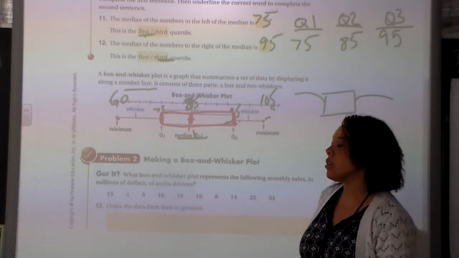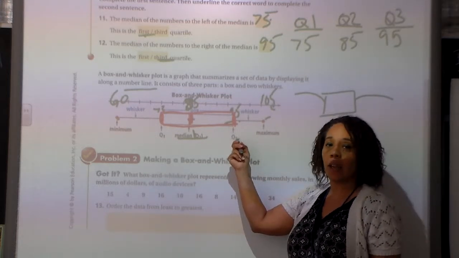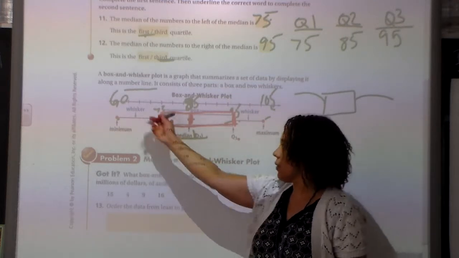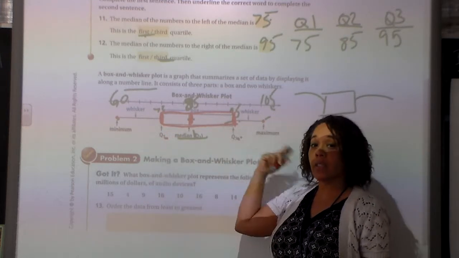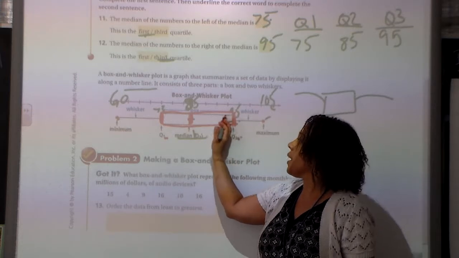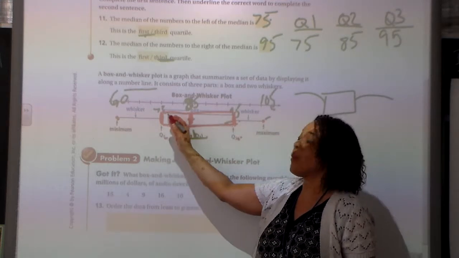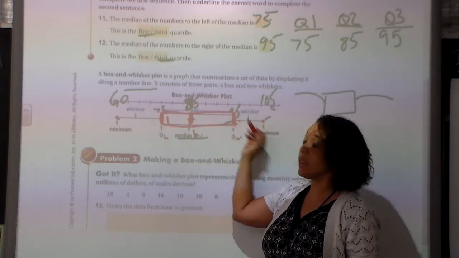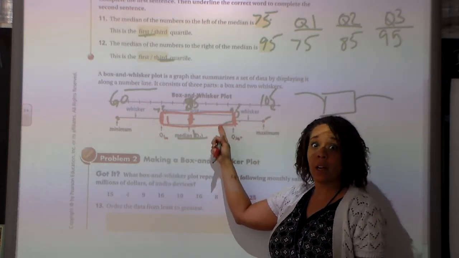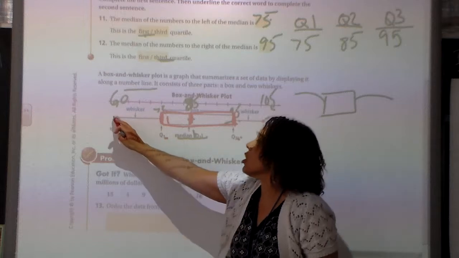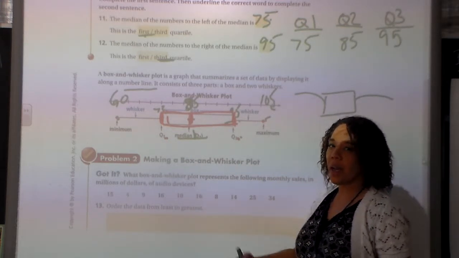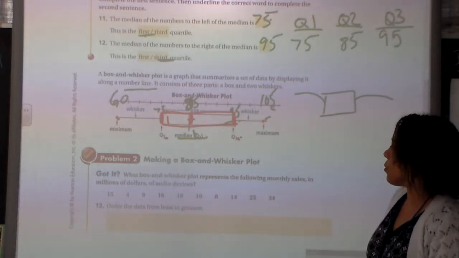That was the one we saw on the previous page, where we take the range between the median of the first half of the data and the median of the second half of data. This is our range, also called the box. This is where the majority of your data set should fall. Then the whiskers just go out from the box to the minimum and to the maximum. We're going to have some good practice with this in a moment.